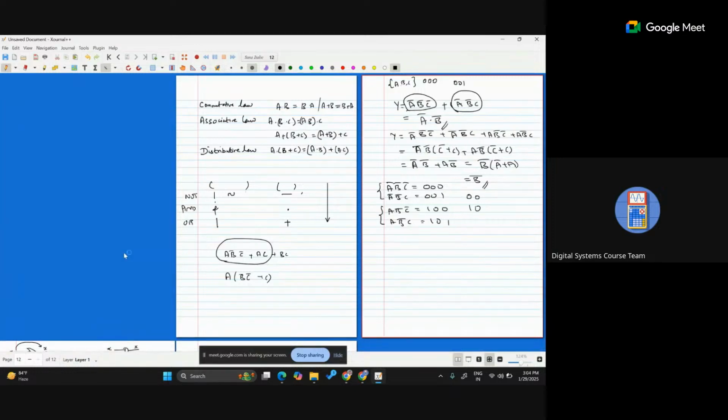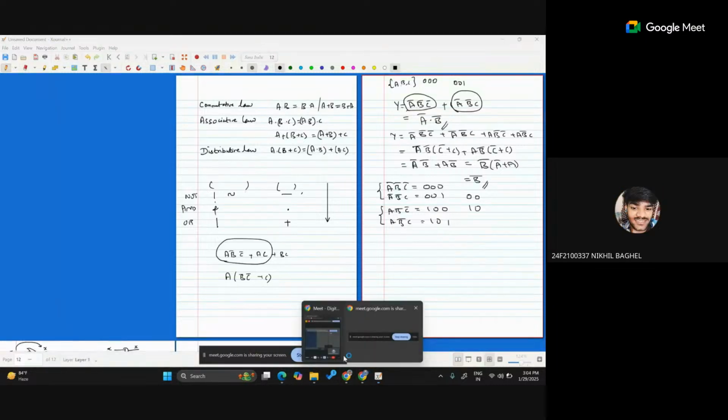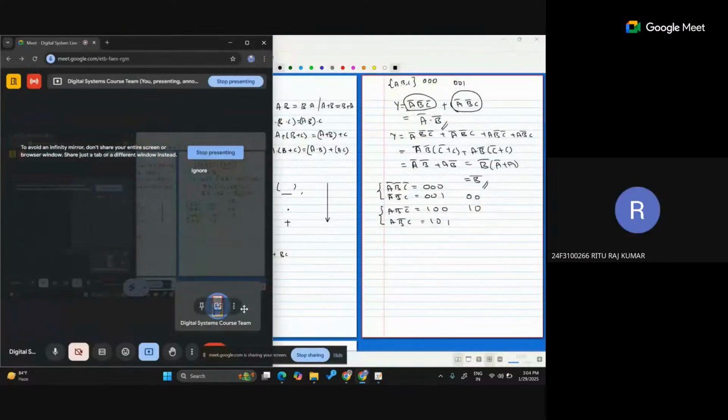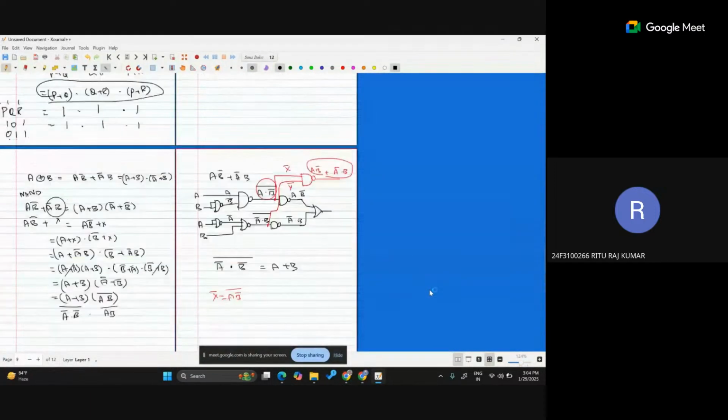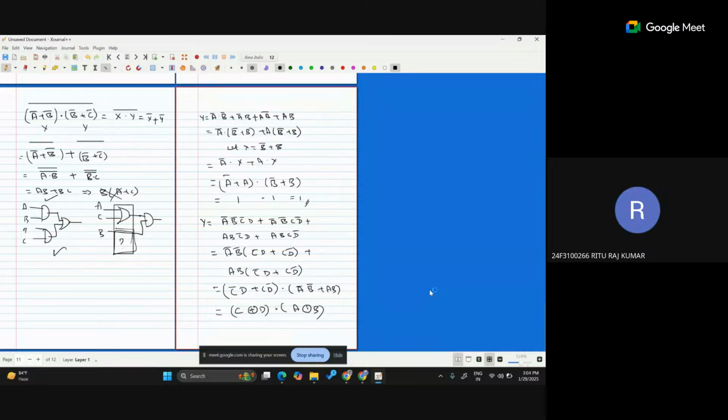Any other question do you have? No, sir. Can you move to the previous slide, sir? This one. How did you write that C bar D plus C D bar equals C XOR D?